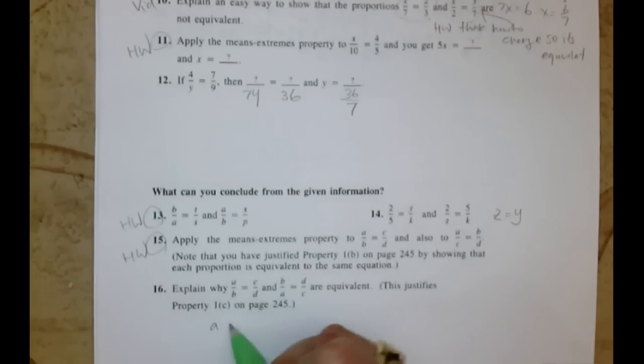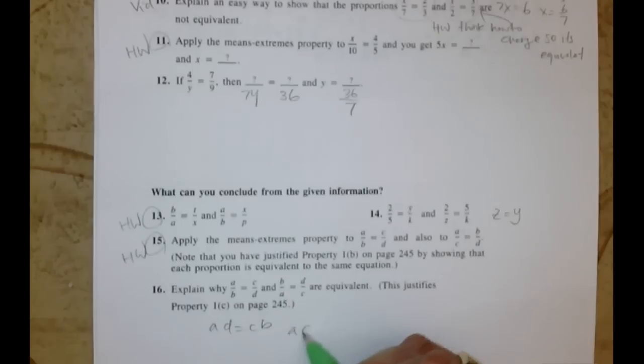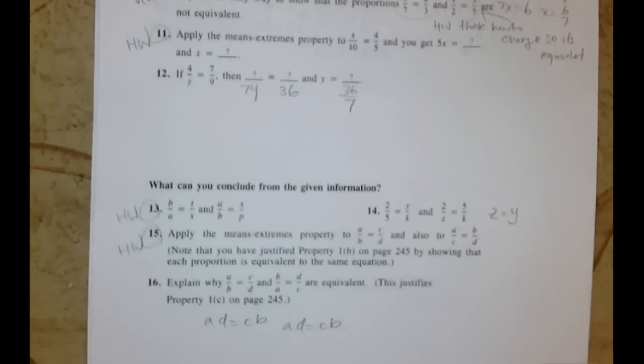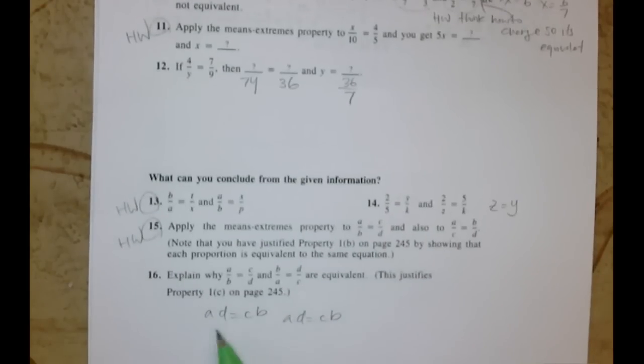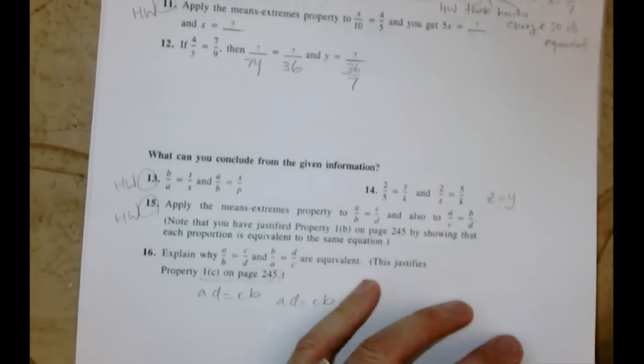So you get AD is CB, and here you cross multiply and then you get AD equals CB. Right? And if they are equal in cross multiplication, then these are equivalent. So that's why you can flip the top and the bottom. The one c on page 244, 245 is that you can flip the top and the bottom, and it's still equivalent. Okay, I think we are done.